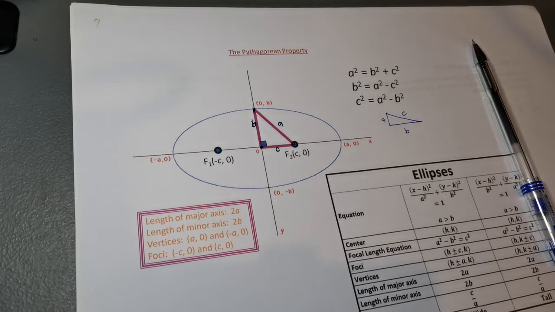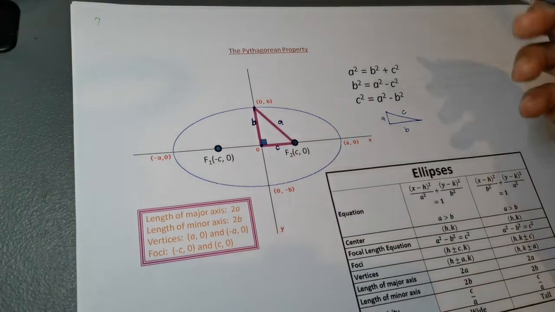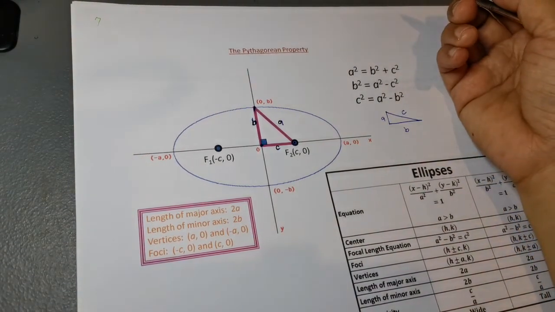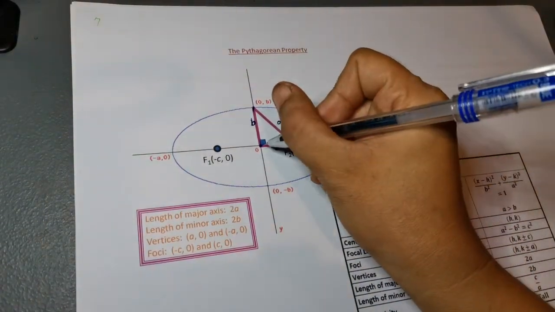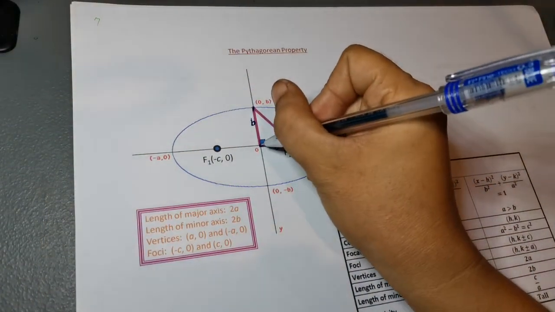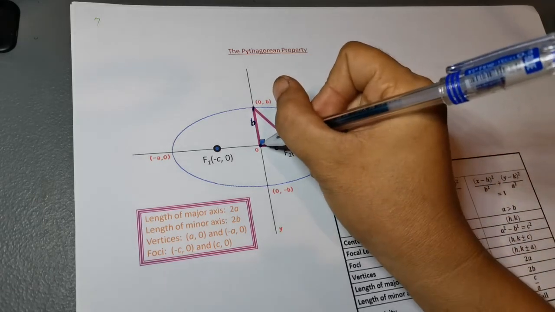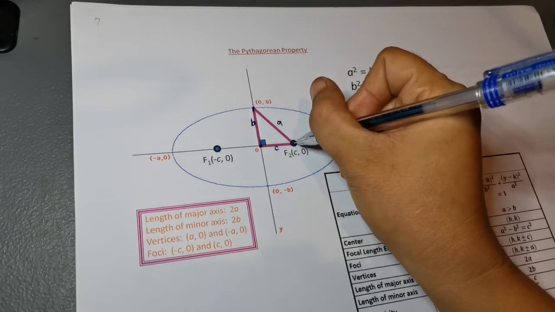Okay pa ako. Okay? But this time, okay, because we are referring to our ellipse, our C refers to the distance from our center to our focus.